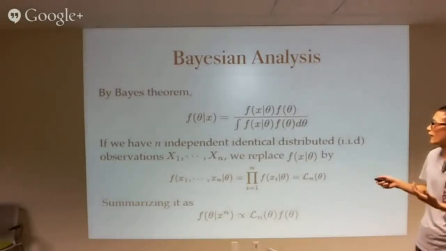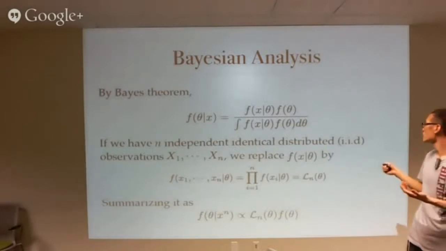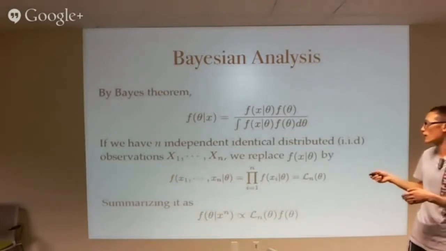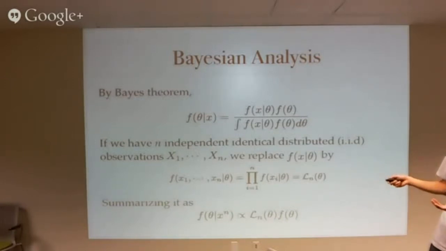If we have independent identically distributed observations x1 to xn, then we get the likelihood as the multiplication of all the f(xi given theta), the L(theta). The denominator, after the integral, must be a number, so it doesn't depend on theta. So we can just use proportionality to the numerator here.